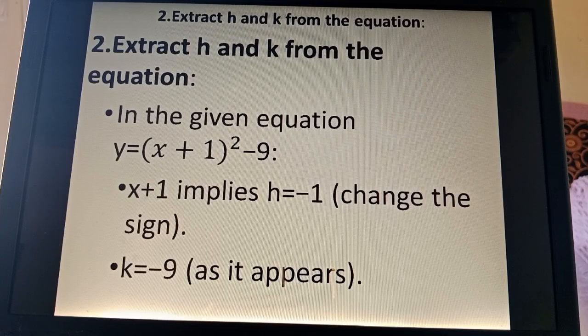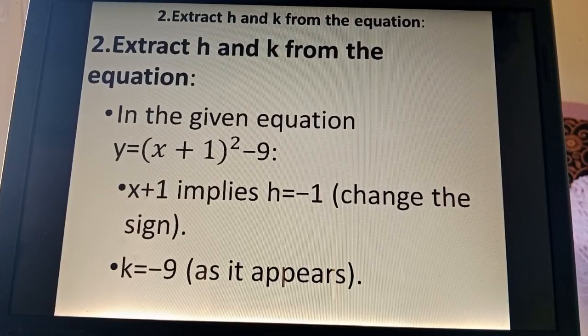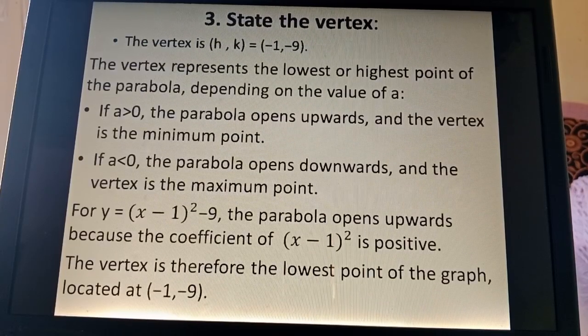You change the sign to conform with the standard vertex form. And k is equal to negative 9 as it appears. The vertex is (h, k), which is equal to (negative 1, negative 9).